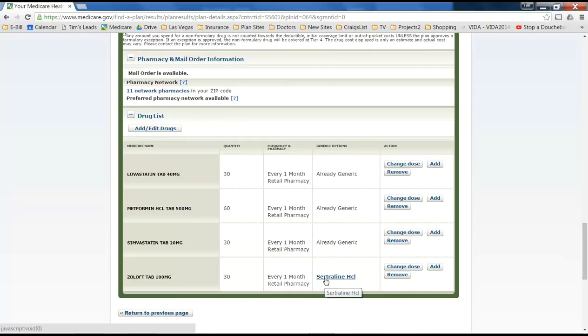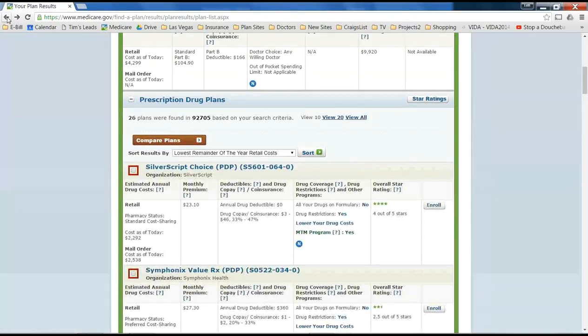It's showing me that there's a generic available, and I'm going to play with that radio button here in a minute. But I just wanted to give you an idea of the difference between a PDP. So the least expensive PDP with this particular combination of medications is $2,292. So I'm going to go ahead and collapse that.